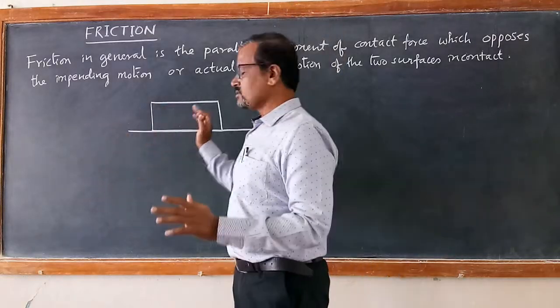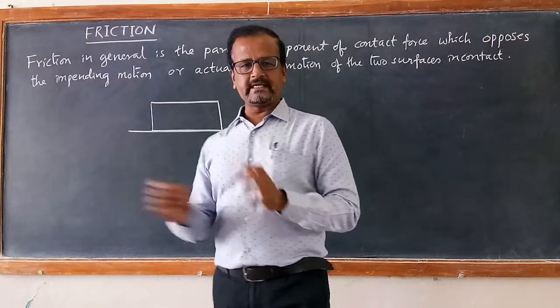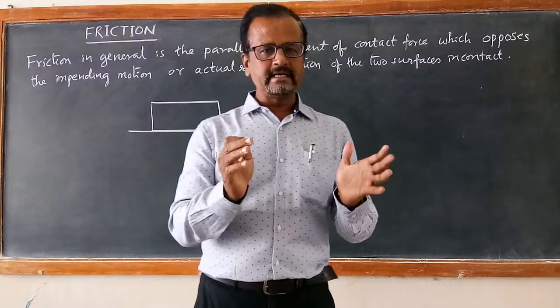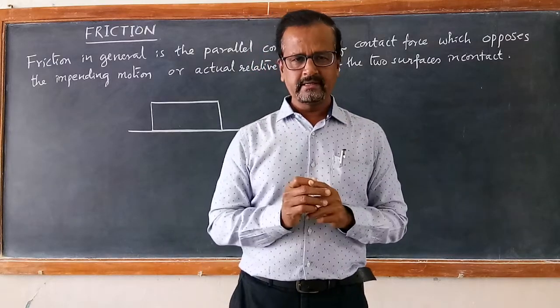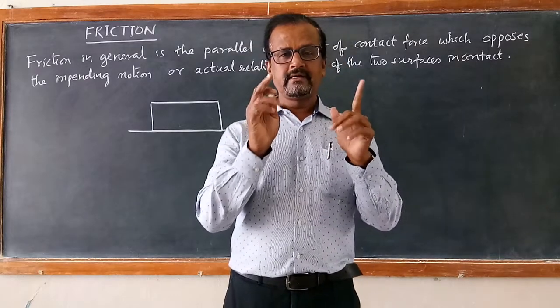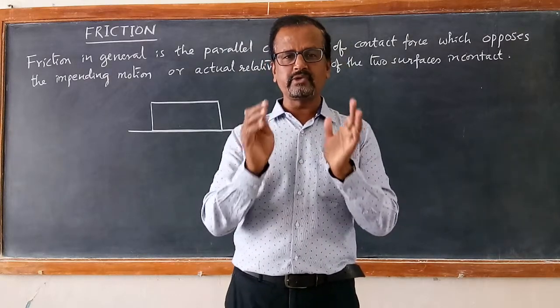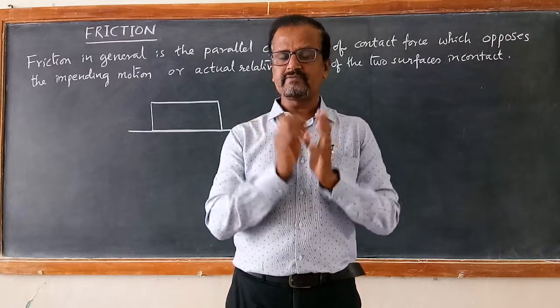Think that this box, like your suitcase or trunk, is at rest, and the train is undergoing acceleration. What does it mean? The trunk is also accelerating with the same value as the acceleration of the train.